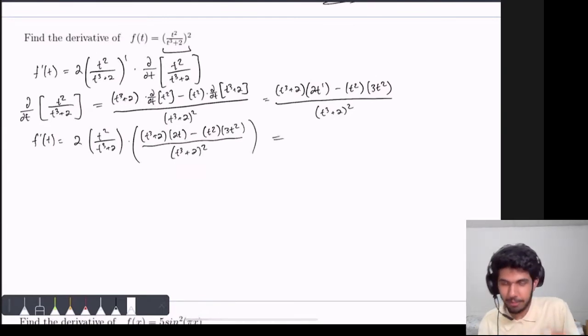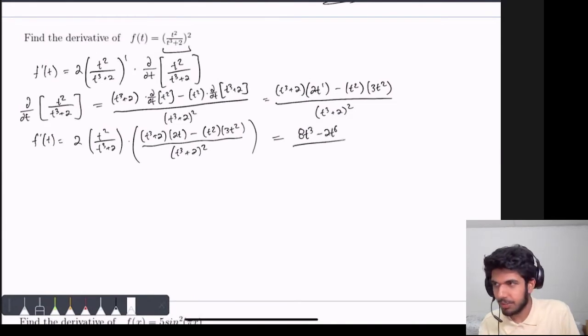And I believe if you do feel like simplifying this down, this should go down to something like 8t cubed minus 2t to the 6th, all of that over (t cubed plus 2) cubed. Something along those lines.